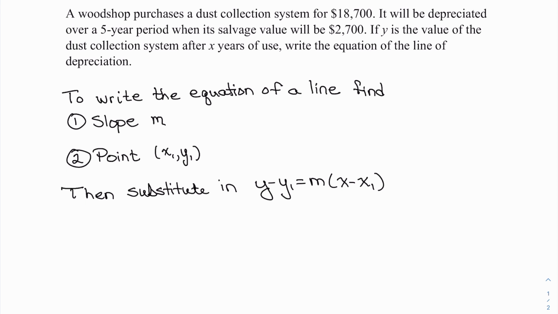So now what we do is we look at the information that we have whenever we want to write the equation of the line and see if they just hand us this information or if we have to work for it. So when we come back up here to see what we have, x is the years of use and y is the value of the dust collecting system.